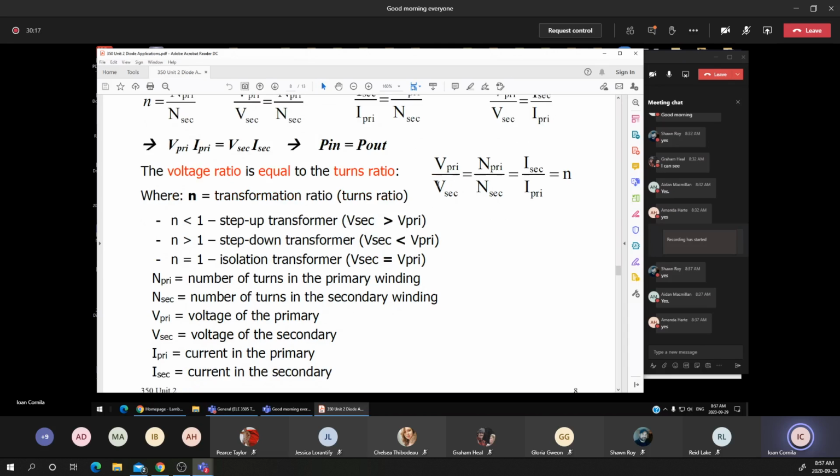And the third case, when the two voltages, the input voltage or the primary voltage, is equal to the secondary voltage, means that the number of turns in the primary winding is the same as the number of turns in the secondary winding, which makes the two currents equal and N equal to 1. That's an isolation type transformer, when the two voltages are the same. We used the isolation type transformer in ELE 105, the third lab.